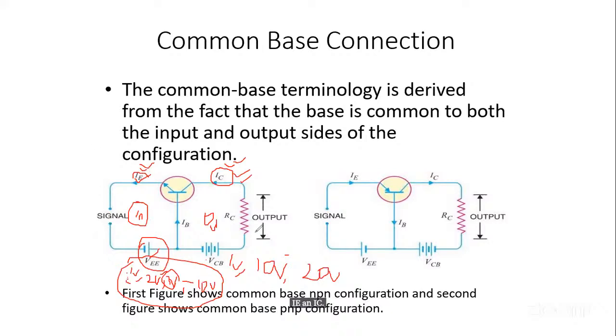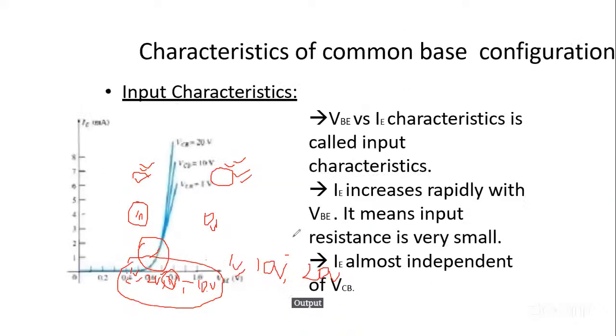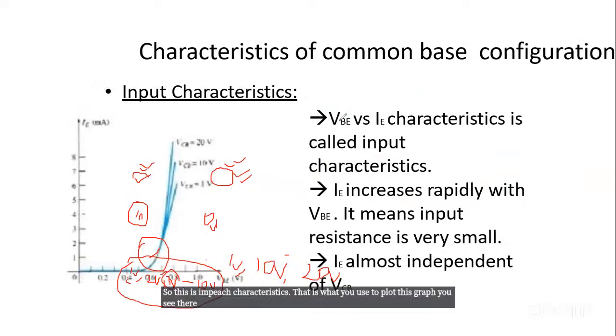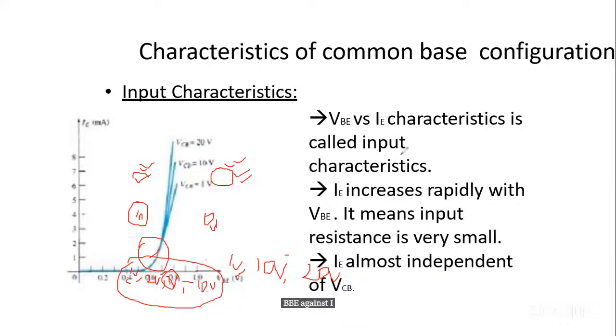So this is input characteristics. That is what you use to plot this graph. You see there, VBE against IE characteristics is called input characteristics. IE increases rapidly with VBE. It means input resistance is very small. That is because it's forward bias.